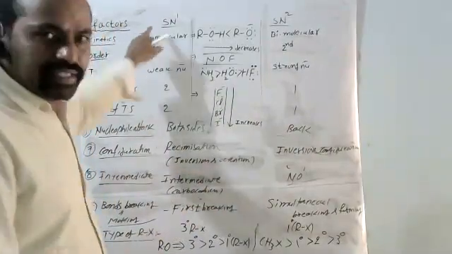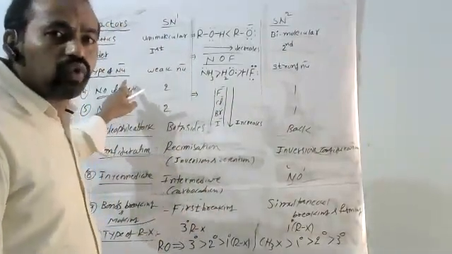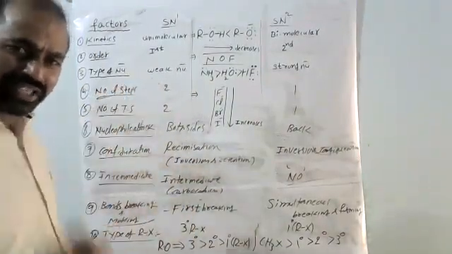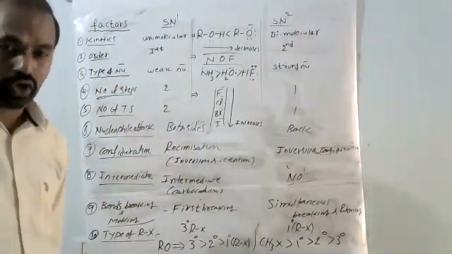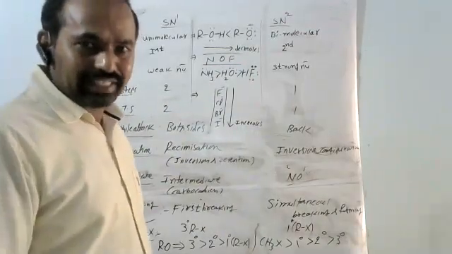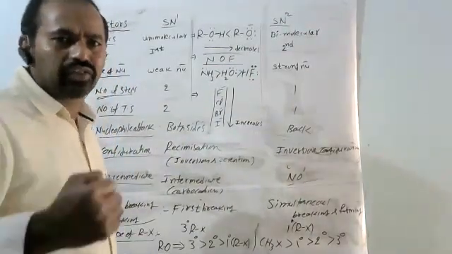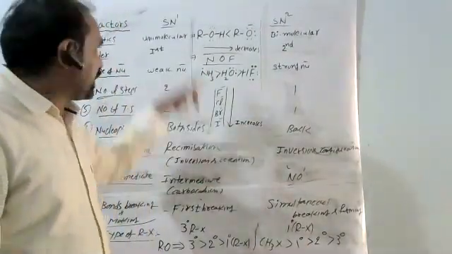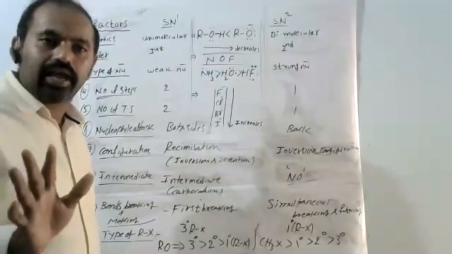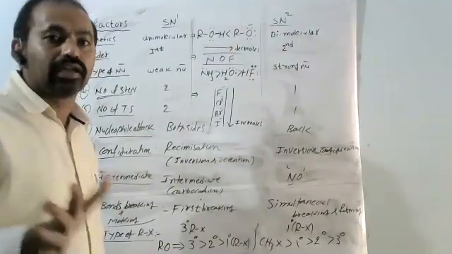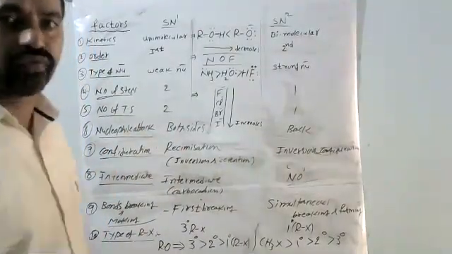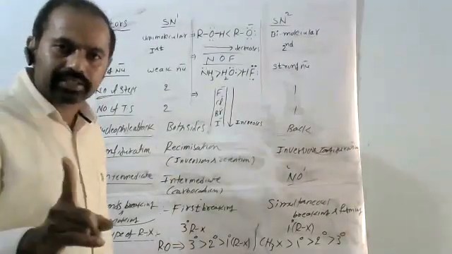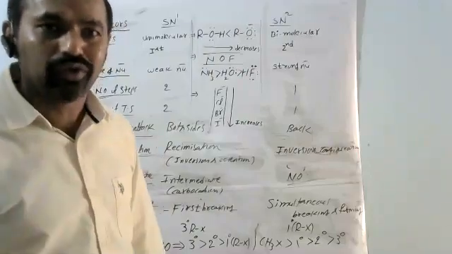Finally, in SN1 reaction, nucleophile strength is not important. A weak nucleophile is sufficient. But in SN2 reaction, a strong nucleophile is required. In SN2 reaction, if the nucleophile is strong, the rate of reaction is also more. Why? Because in SN1 reaction, the rate does not depend on the concentration of the nucleophile, but in SN2 reaction, the rate depends on the concentration of the nucleophile.